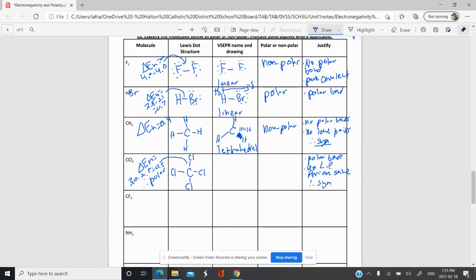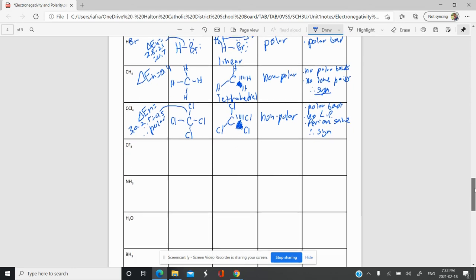So what that means is that this is non-polar. And you'll notice this is also tetrahedral, so it's very similar to the one we drew above there. And we don't really need to draw in any dipole moments because, well, they all cancel out. I could ask you to still show where they would be, but they all cancel out.